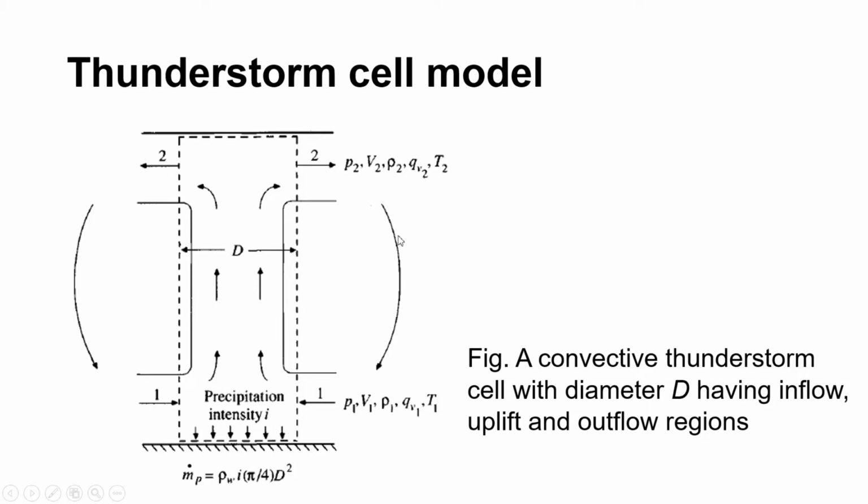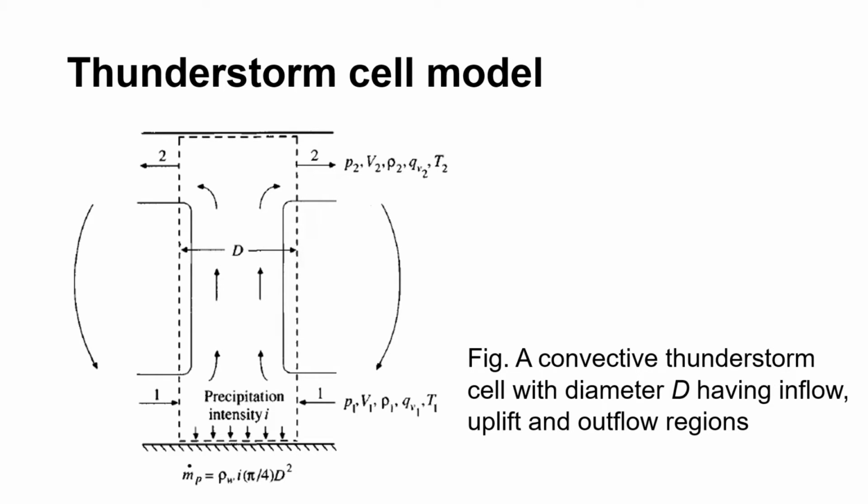During descending, because its temperature is increasing, it increases the holding capacity of moisture, and so the moisture again enters the control volume from the inflow region.